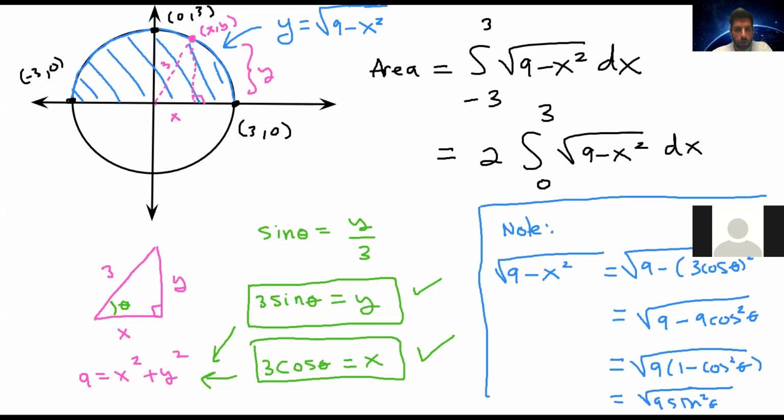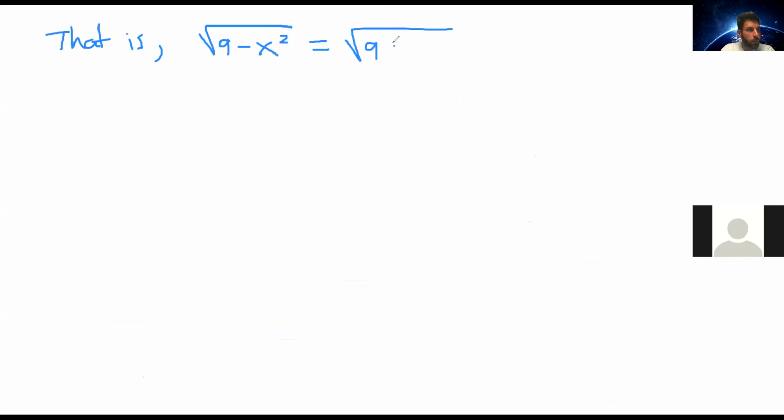So if we go to the next page, what we just showed is that 9 minus x squared can be written as 9 times the sine squared of theta, which now is just 3 sine.